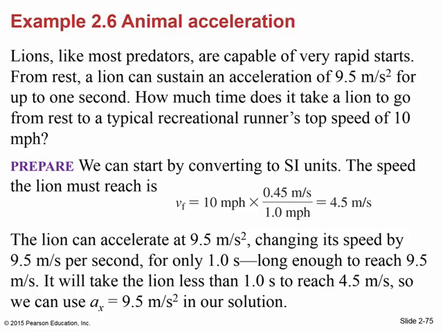Whenever you see an acceleration, notice it's meters per second squared. So what does that mean? That means for every 1 second time interval, the object is increasing in velocity by a value of 9.5 meters per second.